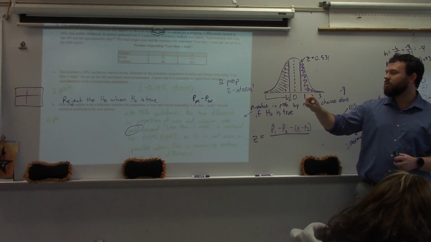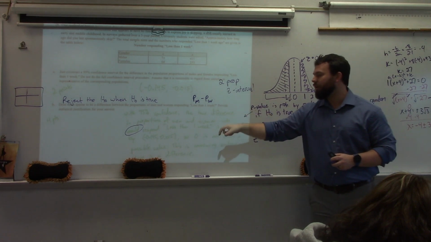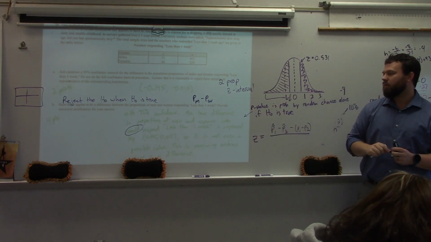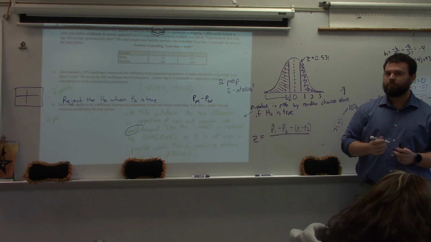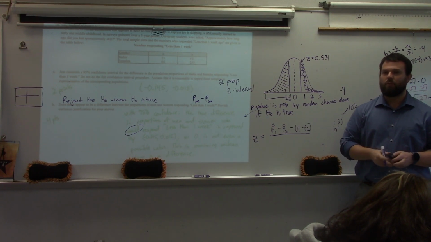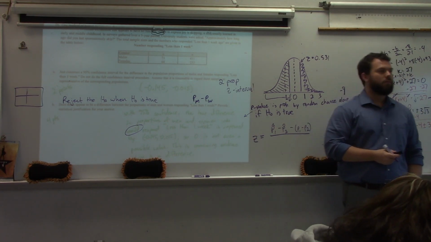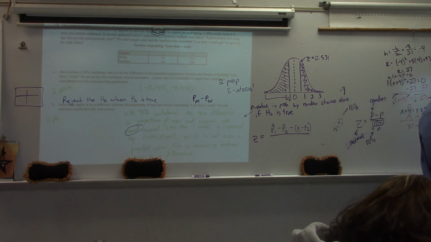So the proportions of men and women who would respond less than 1 week is captured by this interval. It's got to be about the population. So if you see a 3 out of 4, that's probably what you missed, was that detail about who would respond this way. So 0 is not even a possible value. There is convincing evidence there is a difference.